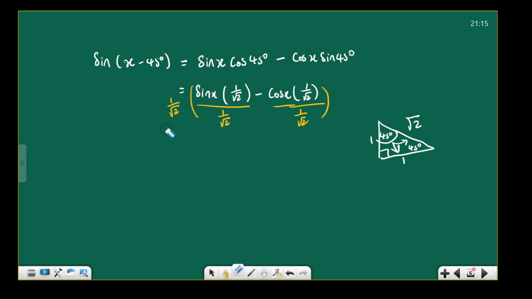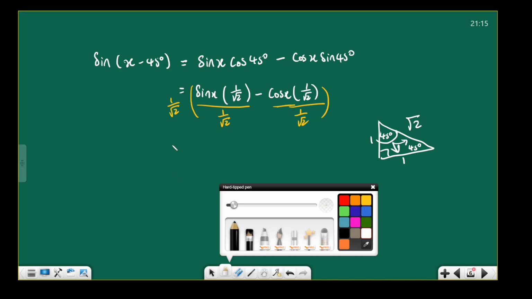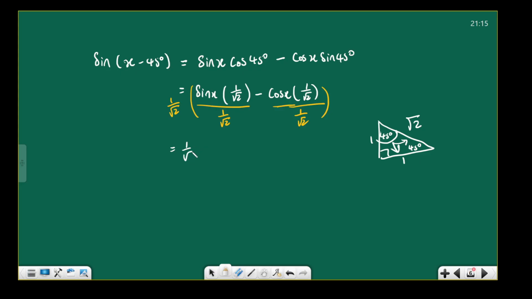So you should now have your answer as 1 over root 2 into this and that cancel, you're left with only sine x, minus this and that cancel, you're only left with cos x. Good. So that is the expansion of sine x minus 45.